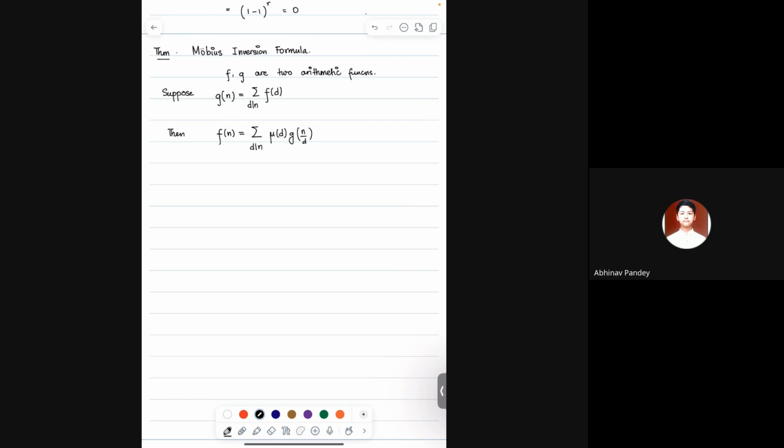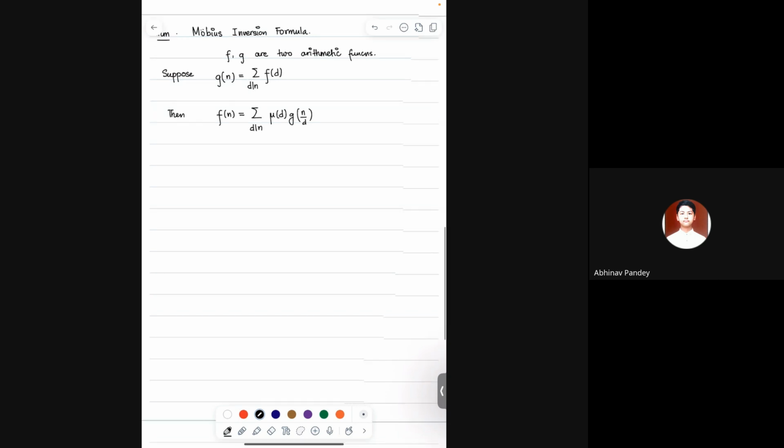Now what's coming inside the sum is the Mobius function of the divisor, and the input value for the function g is what you get when you divide n by d. Then you're summing over all the divisors of n, and that gives you f(n). That's called the Mobius inversion formula. It's allowing you to go between g and f, and the Mobius function plays a very crucial role here.